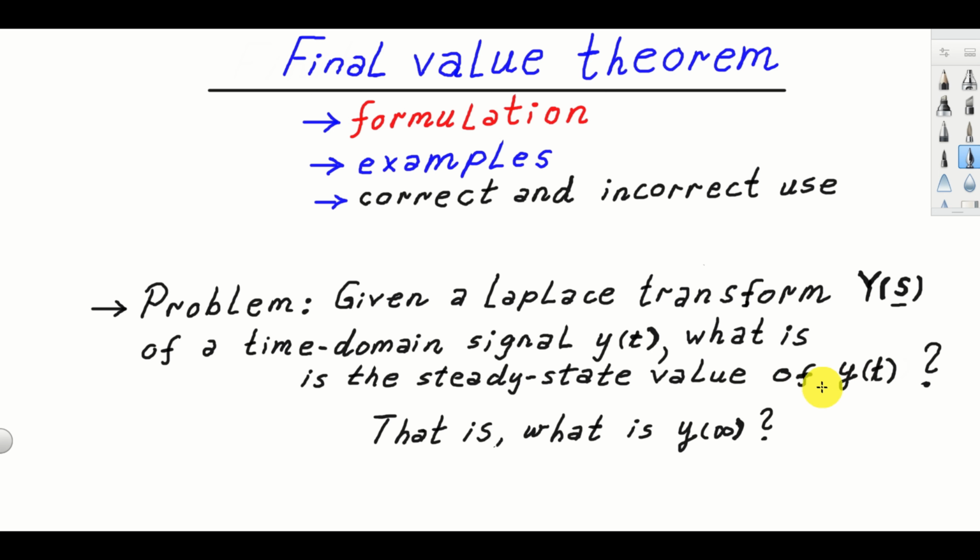That is, what is the steady state value of the time domain signal? Or, what is y at infinity? Again, someone only gives you the Laplace transform, capital Y of S, without actually giving you the time domain signal y of t, and this person asks you, what is y at infinity?